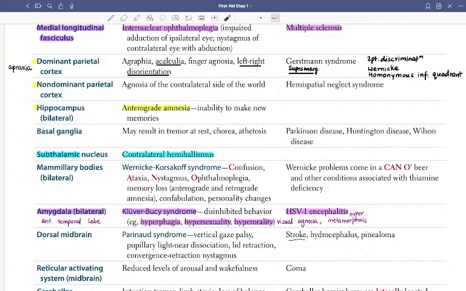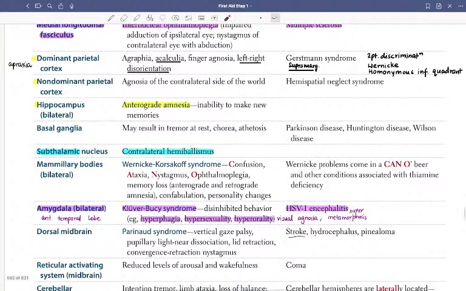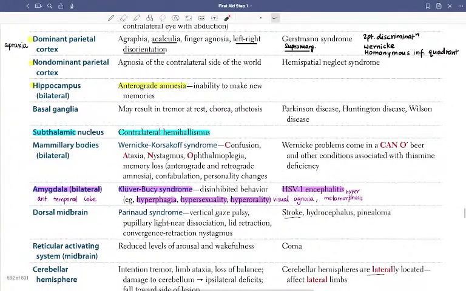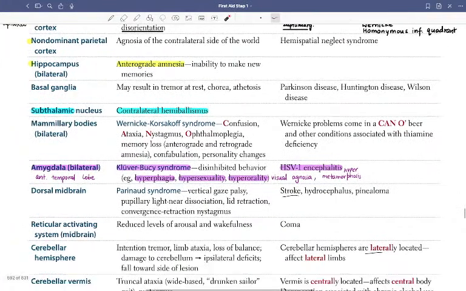Acalculia, 2-point discrimination, even homonymous defects you can have. Mainly this part is main. These things I just wrote down from somewhere in Marrow. So just remember dominant parietal cortex or angular gyrus, that is going to be Gerstmann syndrome. Okay, spatial disorientation, finger agraphia and all that.